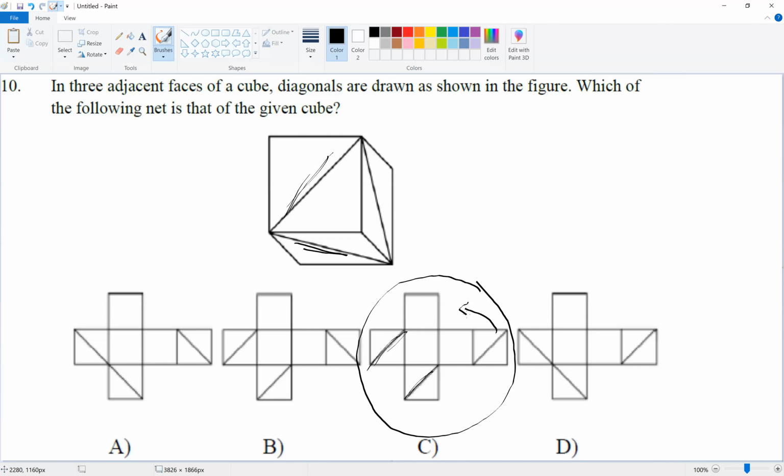So this would be this line, and all you have to make sure is it goes that way. And this one is in a different direction, so this will not work. These two are not connected, so this will not work. And these two are connected, but this will be in a different direction. And if you have trouble, you can always make a paper cube and then try.